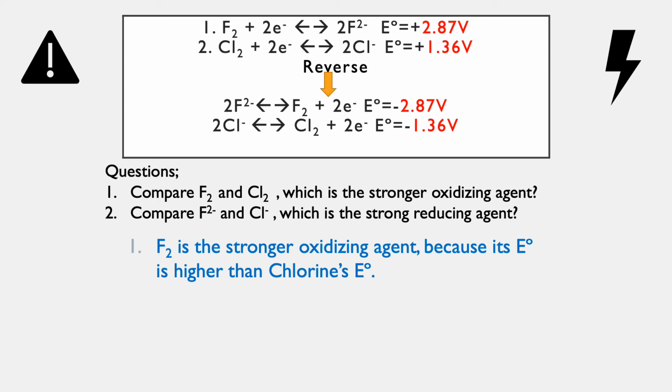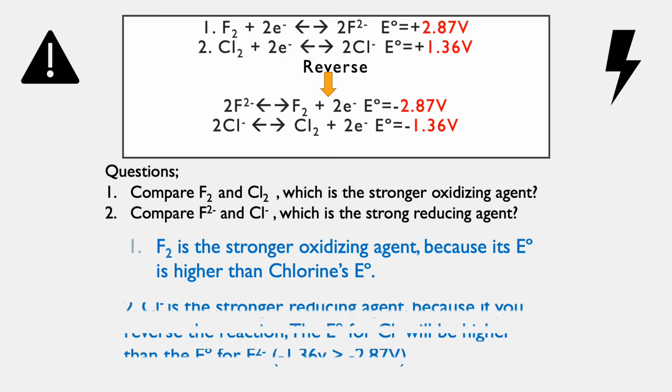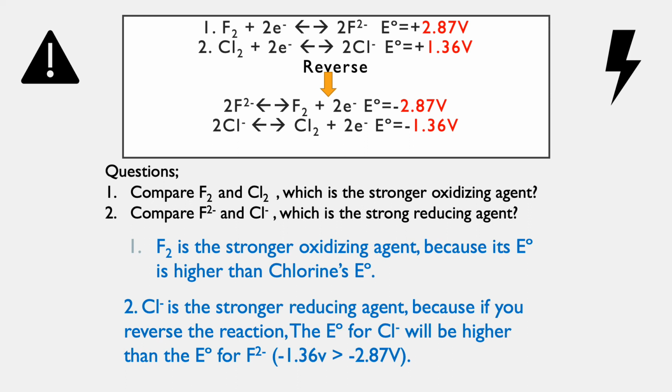So the cell potential of Cl minus is negative 1.36 volts, and the cell potential for F minus is negative 2.87 volts. We can see that the cell potential for Cl minus is larger than the cell potential of F minus. So, F minus will be the stronger reducing agent.